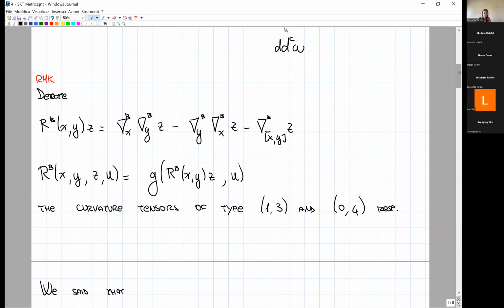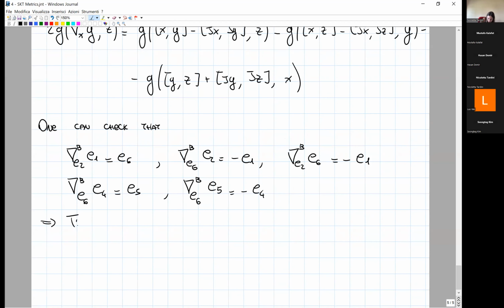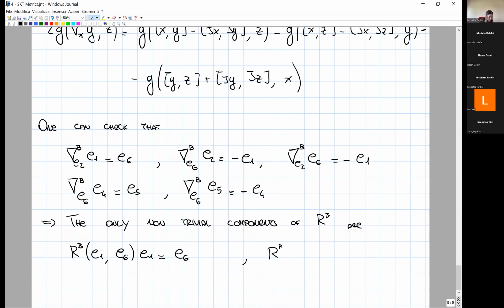In particular, the only nontrivial components of R^B, the Bismut curvature, are these: R^B of E1, E6, E1 is equal to E6, and R^B of E1, E6, E6 is equal to minus E1, together with all the symmetries.